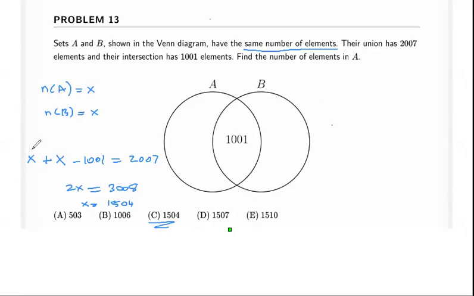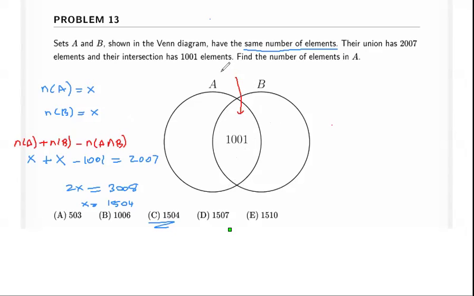The X was the number of elements in A, which I use this notation, N of A, plus the second X, the number of elements in B, which is N of B, and minus the region in between those two sets, which is 1001 in our case, but we have a special notation, A intersection B. When you use this capital symbol, that means intersection, which means this region.